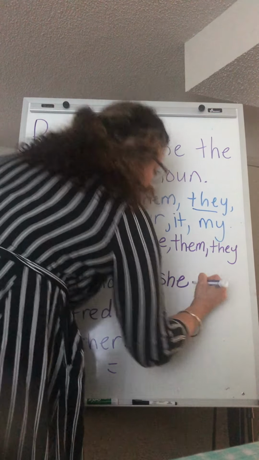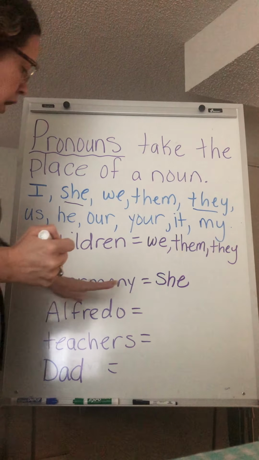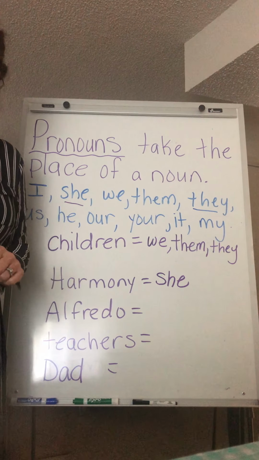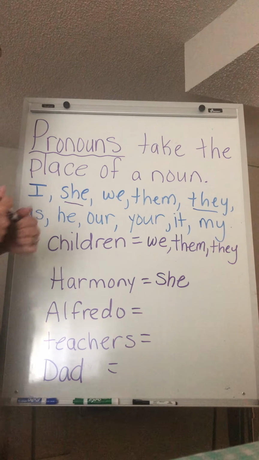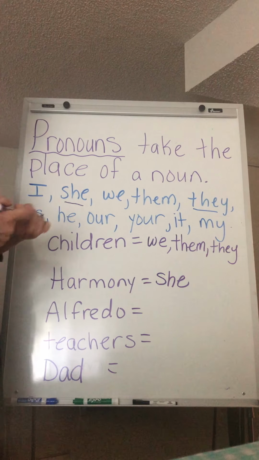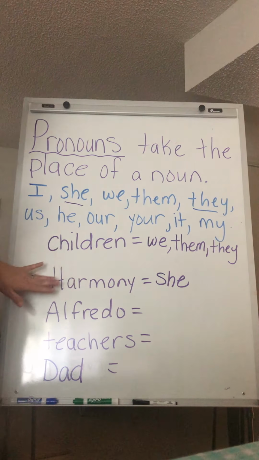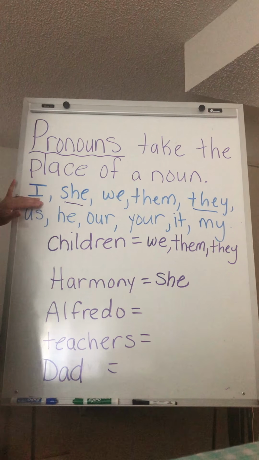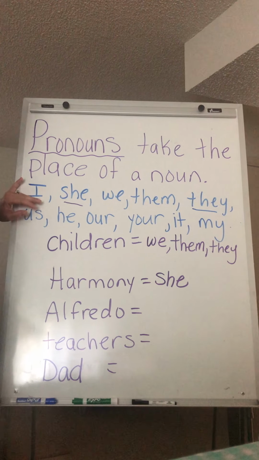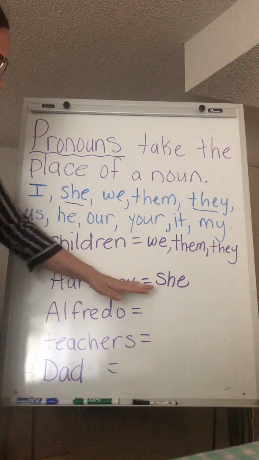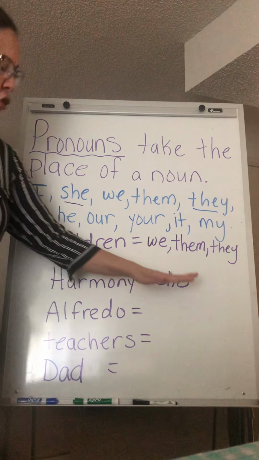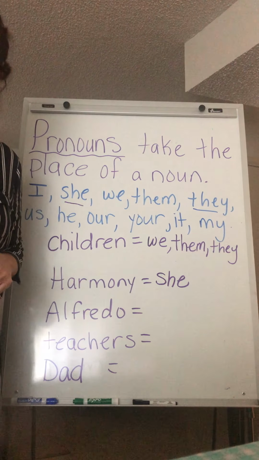She. Now, if Harmony was talking about herself, she wouldn't say she, would she? No. She would say I, because she's talking about herself. So instead of using the noun Harmony, she would use the pronoun I. I am a beautiful girl. And if somebody else was talking about Harmony, they could say she is a beautiful girl.